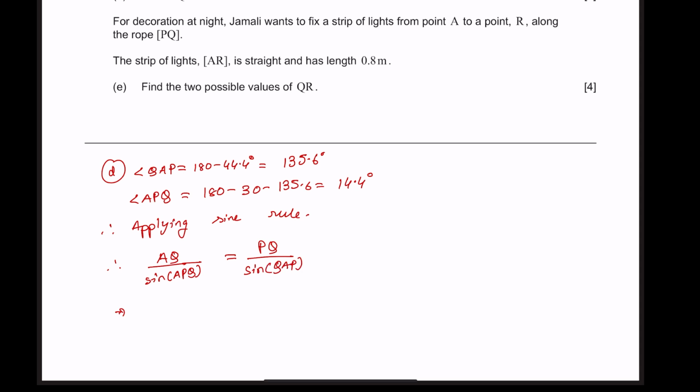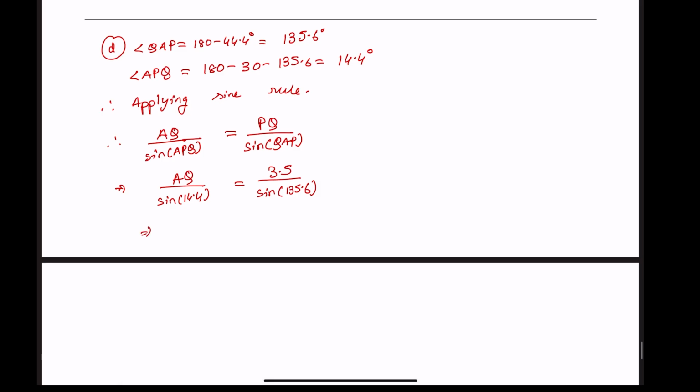So AQ divided by sine 14.4 is equal to 3.5 divided by sine 135.6. From here, AQ becomes equal to 1.244 meters. This is AQ, and that's the answer to part D.